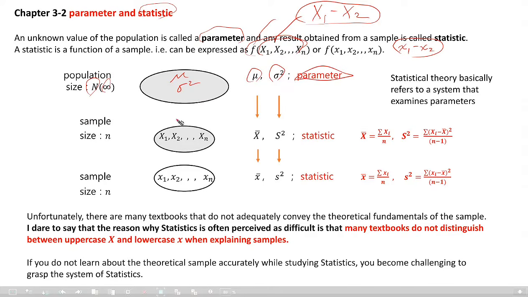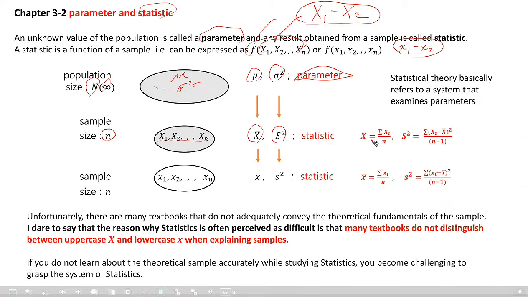Sample. This is a theoretical sample. They are how many? Capital N many. But size small n, sample size, X1, X2, Xn is a sample I told you, right? And we can get X bar, capital letter, S square, okay? Then we call them statistics.